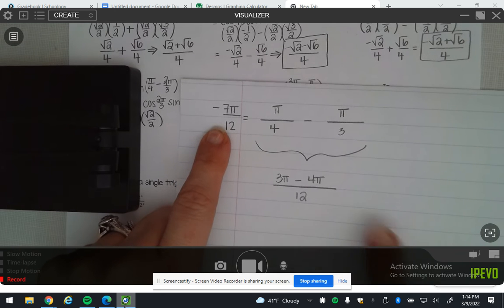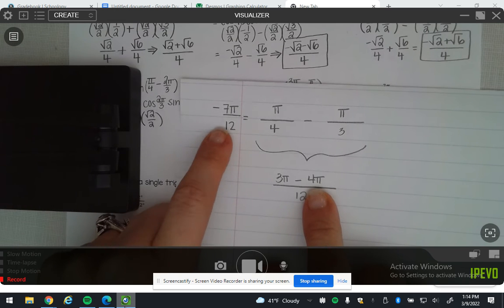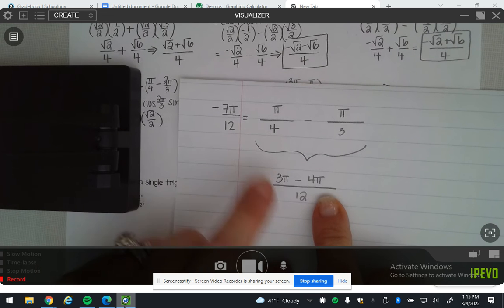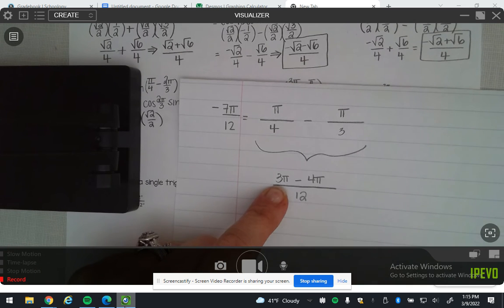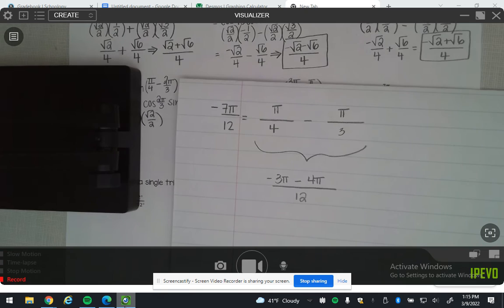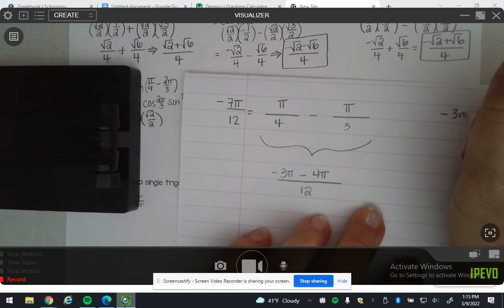Not quite. So if I want to move this over, I would add 4 pi, right? Agree? So negative 7 plus 4 is negative 3. This is a positive 3, right? Could I make it a negative 3? Sure, but you don't want 2 negatives because that doesn't work. So negative 3 pi over 12.